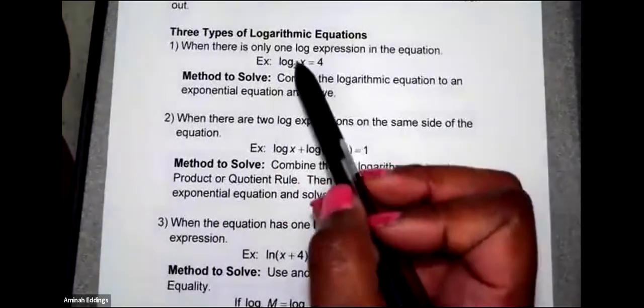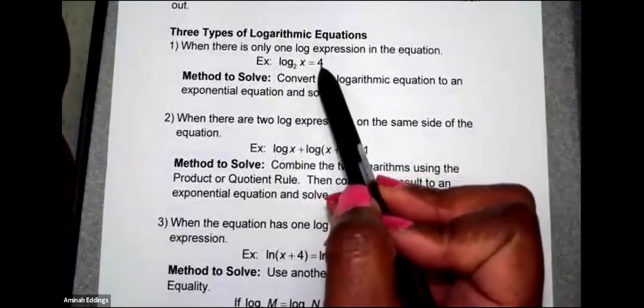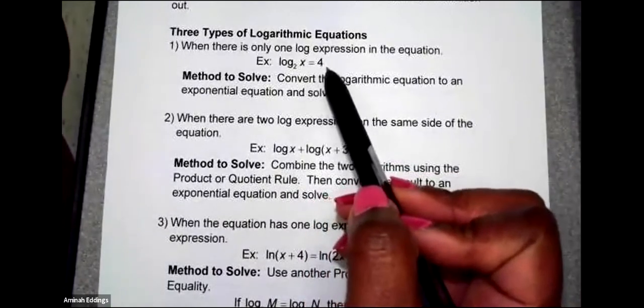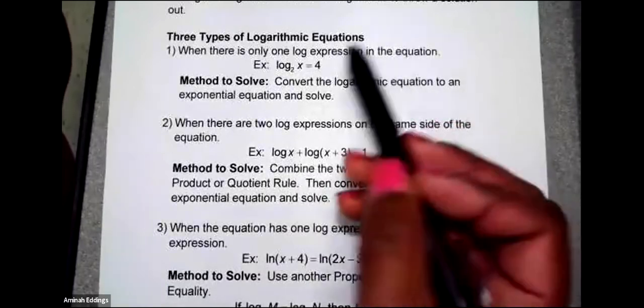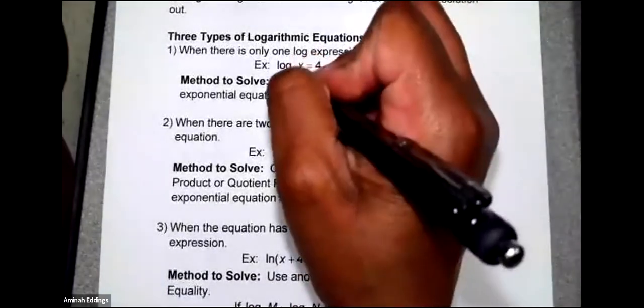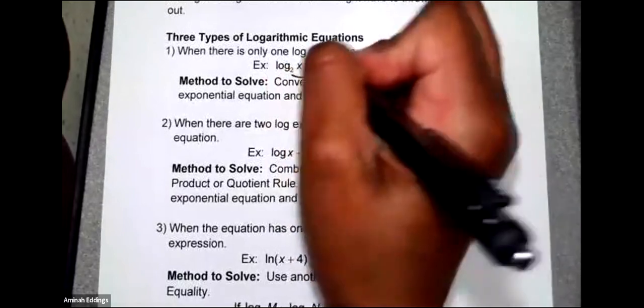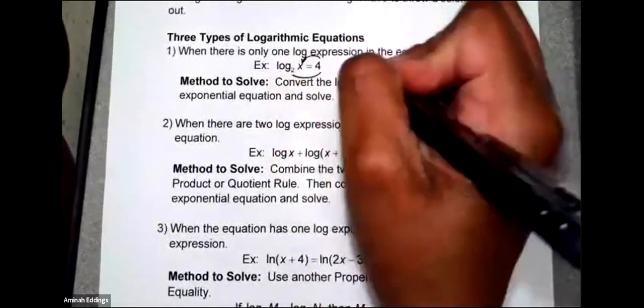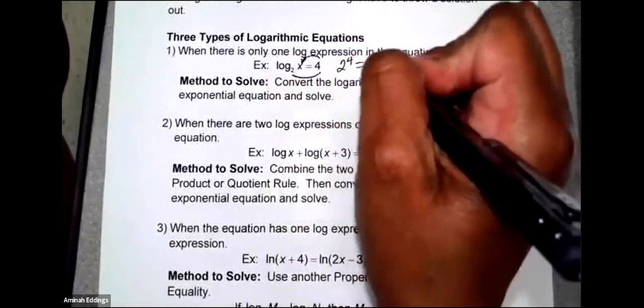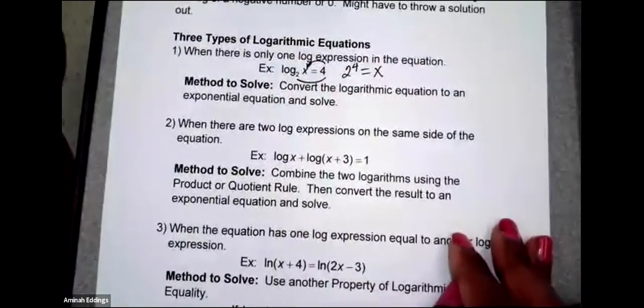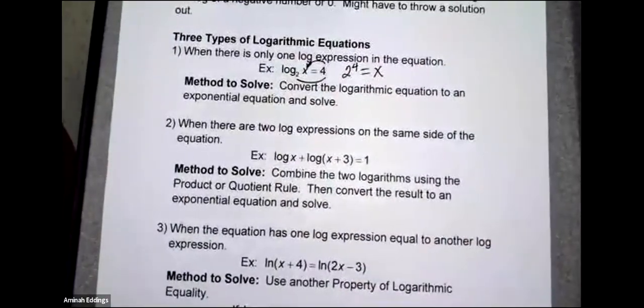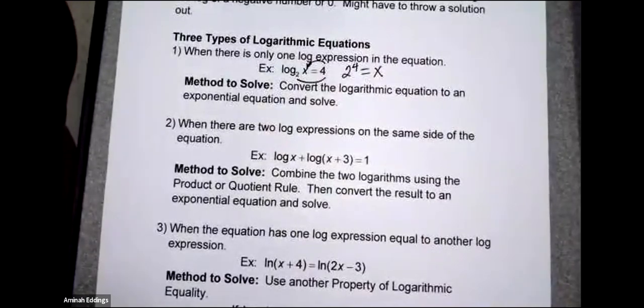All we have to do is convert it from logarithmic to exponential, and we did this last week. So we would simply say 2 to the 4th power equals x. Remember this from last week? Now it's exponential form, and you know how to solve an exponential equation. Okay?